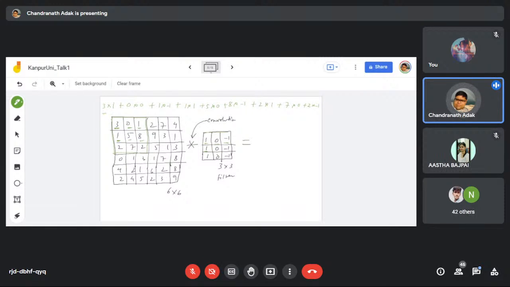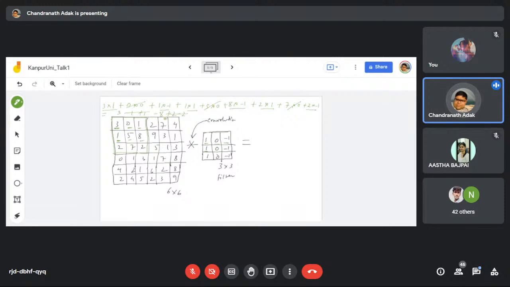So what will be the result? The 0 into 0, 5 into 0, 7 into 0 terms I am deleting. Now this is 3 into 1, 3, then minus 1, plus 1, so this is cancelling out. Then minus 8, plus 2, then minus 2, so this is also cancelling out.